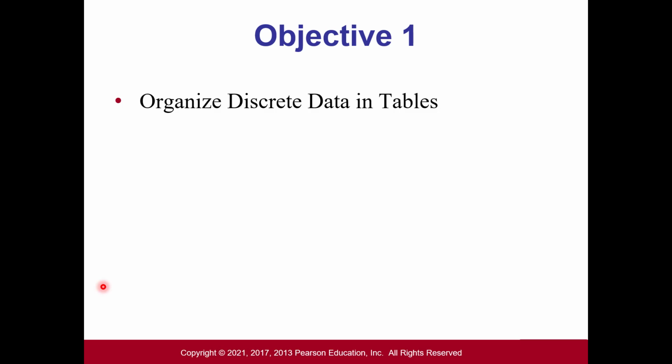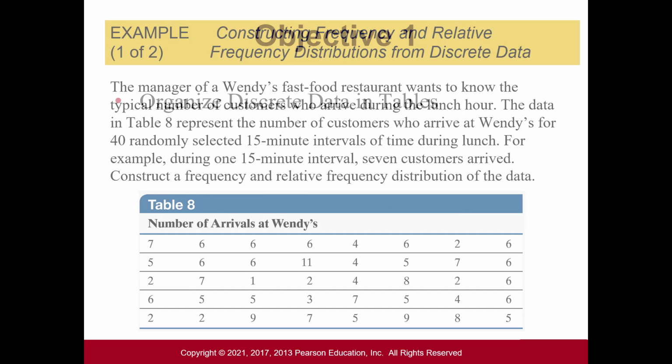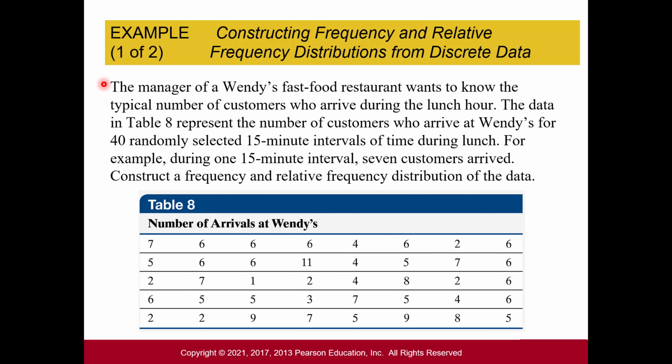So first, we're going to organize discrete data in tables. Our example here: the manager of a Wendy's fast food restaurant wants to know the typical number of customers who arrive during the lunch hour. We have some data given in our table, of 40 randomly selected 15-minute intervals of time during lunch.